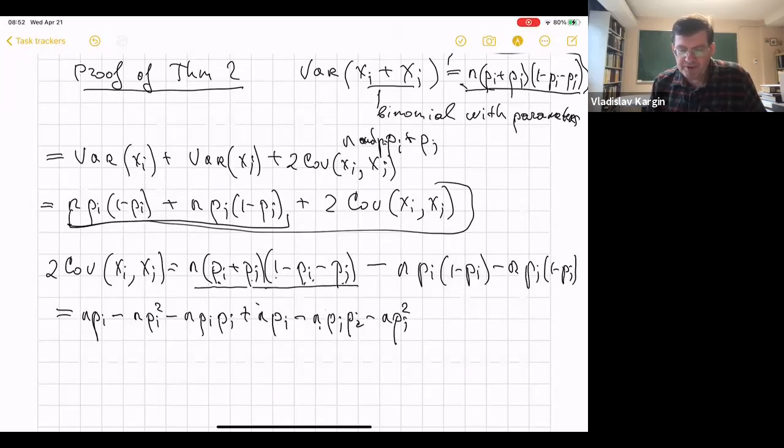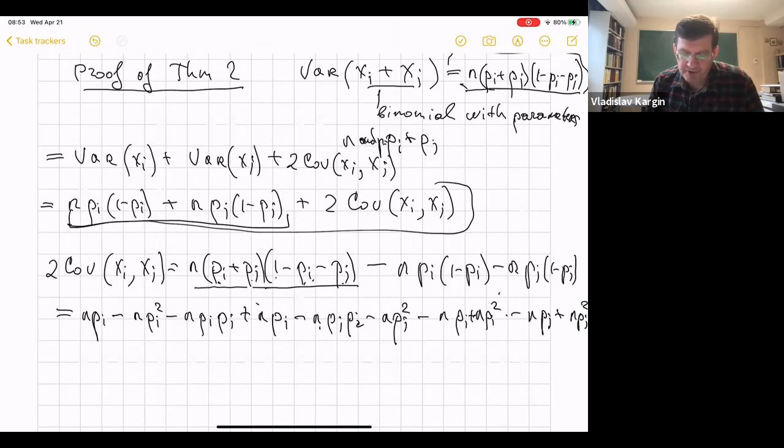So this is the first expression, and the second one is minus n pi plus n pi squared, and n pj plus n pj squared.